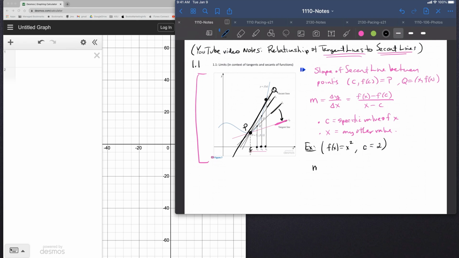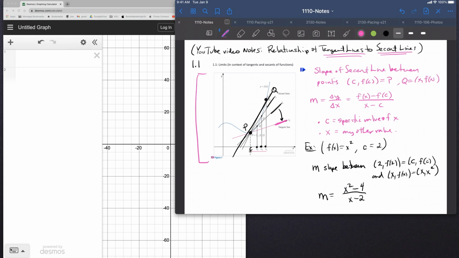If we're going to find the slope of the secant line between 2 points on this function, with one of the points being 2, f of 2, where 2 is our c value and f of 2 is our f of c value, and the other point is x comma x squared, the slope between those points is going to be x squared minus the function evaluated at 2, which is 4, over x minus 2. There is our slope formula.